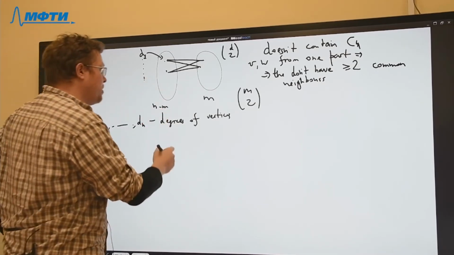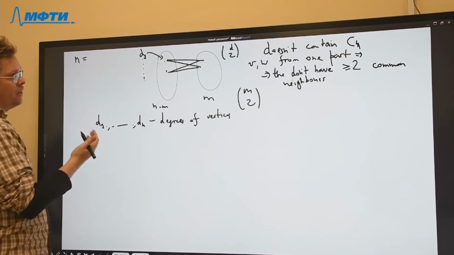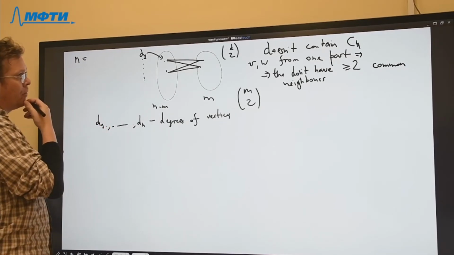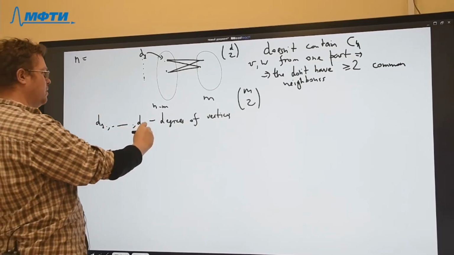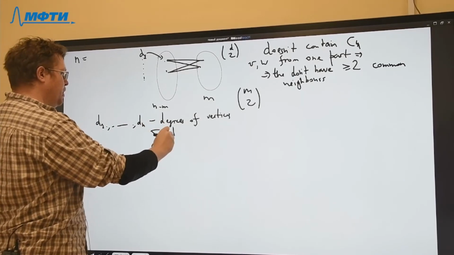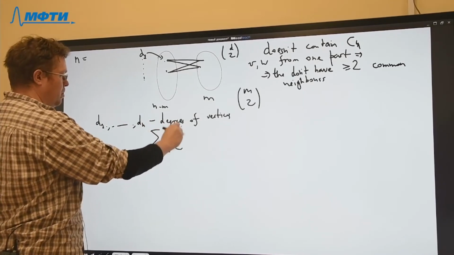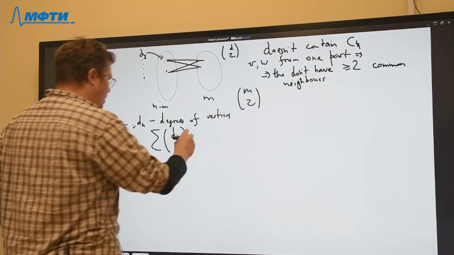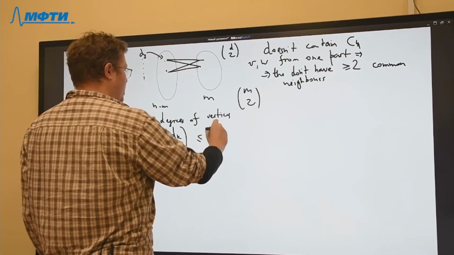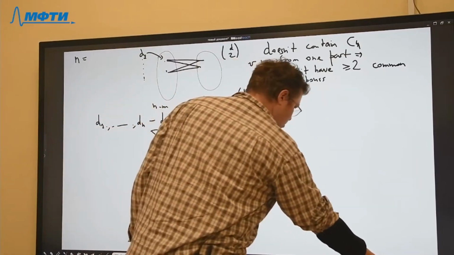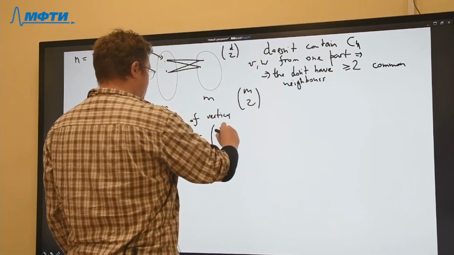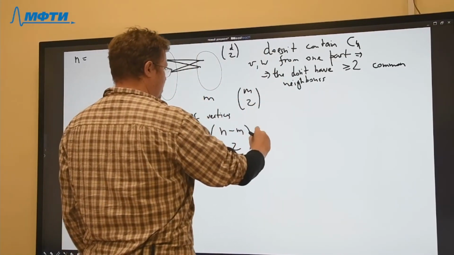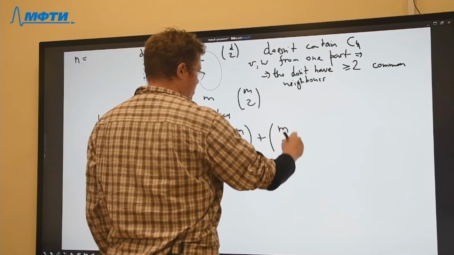From this observation, if we don't have a cycle on 4 vertices, then the sum of d_k choose 2 cannot be bigger than (n minus m choose 2) plus (m choose 2).